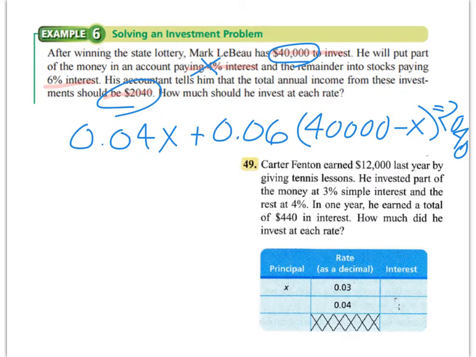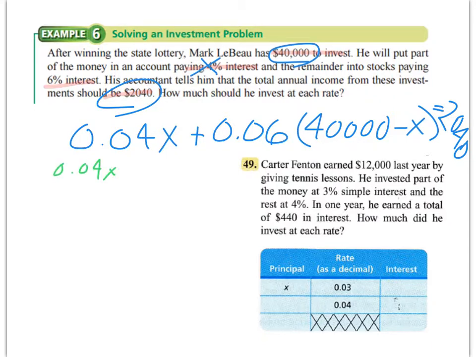With these ones, I find that it usually works out fairly well because, for example, the 6% of the 40,000 is actually not a bad number. It's 2,400, so it's not too bad if you just deal with the decimals. So you can multiply both sides by 100 if you want, or you can deal with the decimals. I'm not going to worry too much about it. I'm going to show without multiplying in this case.